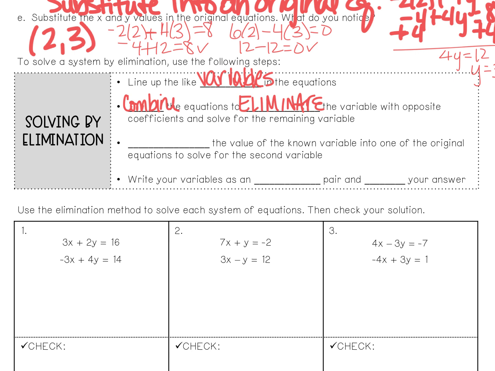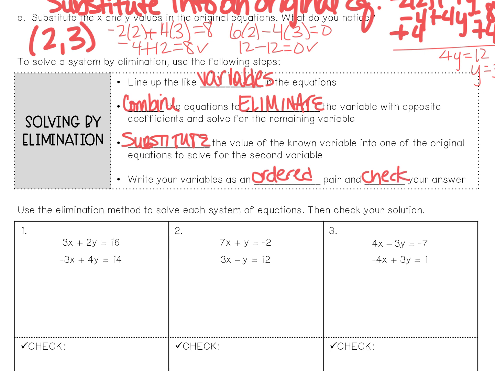Okay, so it needs to be the same number, and one is a positive and one is a negative. So we can simplify and solve for one variable, and then these steps are the same as substitution. Substitute that value that we got back into one of our originals, and then solve for the second. We're always going to write as an ordered pair, and we're always going to check our answers.